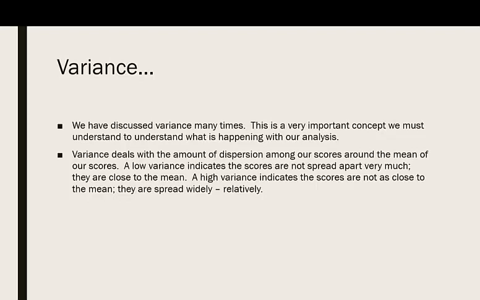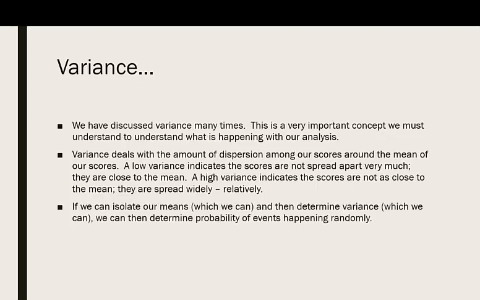You know, how close or far apart are our scores from the average score within the group, however we define the group. If we can isolate our means, which we can, and once we do that, we can determine our variance, which we can also do.